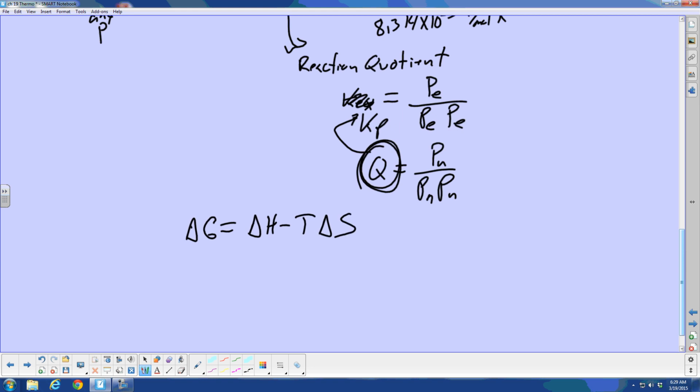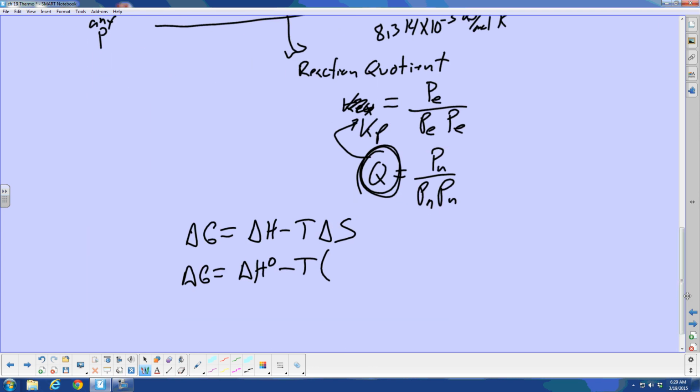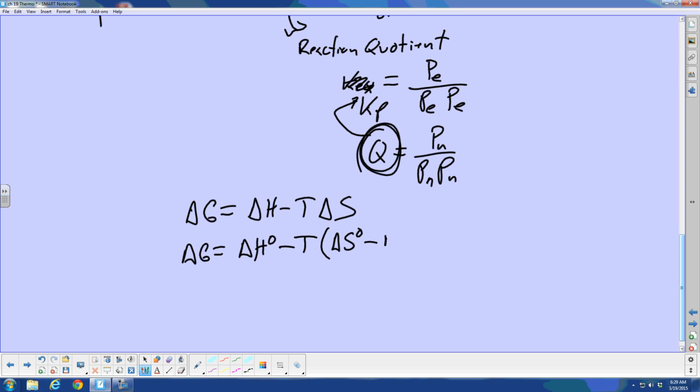We said that my delta H is about the same, so delta G is equal to delta H prime, those are about equal, minus T. Now let's substitute for my delta S that we looked at right here. And what do we get? We get delta S prime minus R natural log of Q.